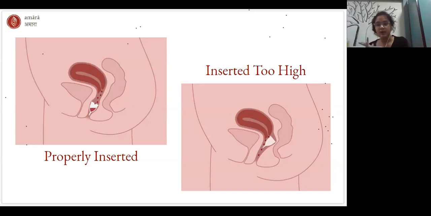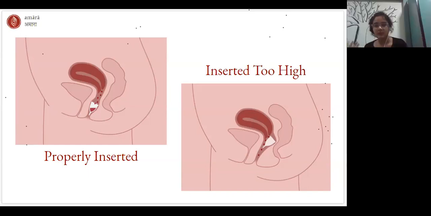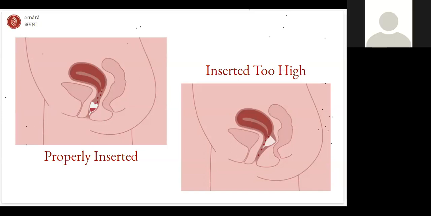But sometimes the body isn't ready, because it is a foreign object going inside your body. So if the person doesn't feel comfortable with it, or if it's hurting, or it's not inserting properly, then you can just wait for a few years and use some other sustainable option, and then you can shift back to cups. Yes.